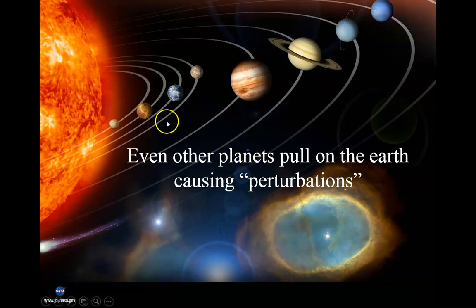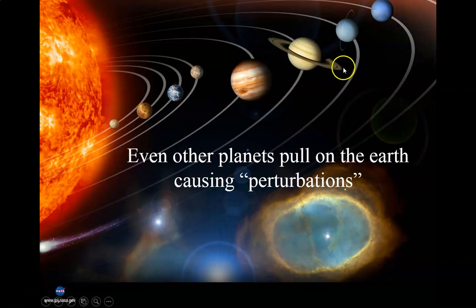And so all these gravitational interactions are going on. When we have the planets moving around in their mostly circular orbits, they actually tug on each other. So when the Earth comes by Mars, it actually pulls it slightly out of its quote unquote normal orbit, and it changes its orbit.